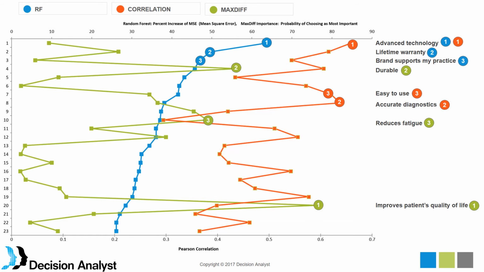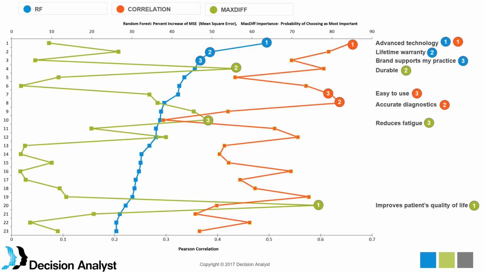MaxDiff is different though. We actually have our top driver, remember this is a stated technique, as improves patients' quality of life. You typically find this in medical professional categories that healthcare professionals will point to or state attributes that are really important having to do with the patient.